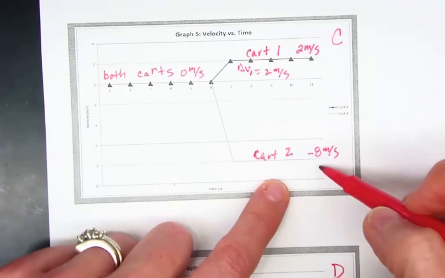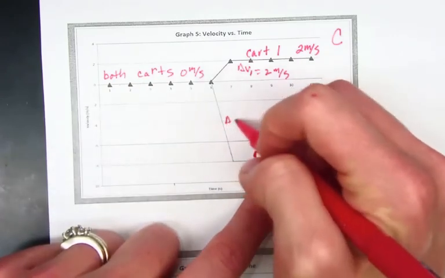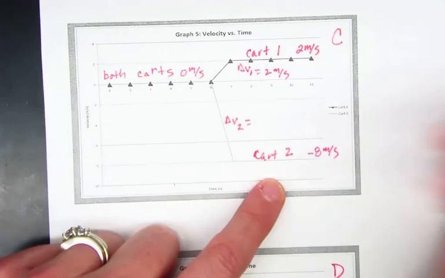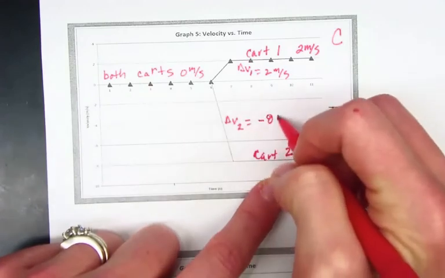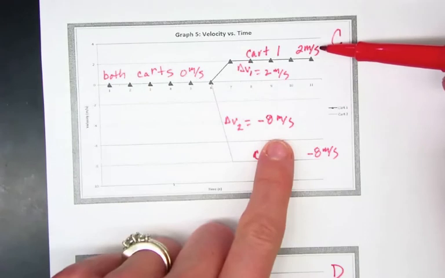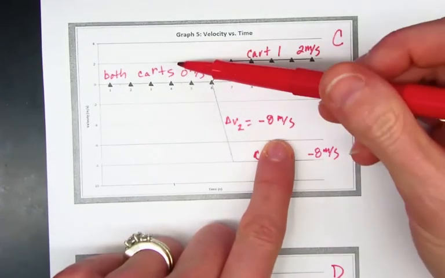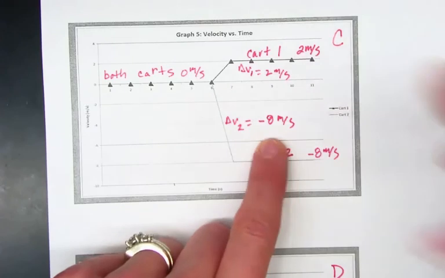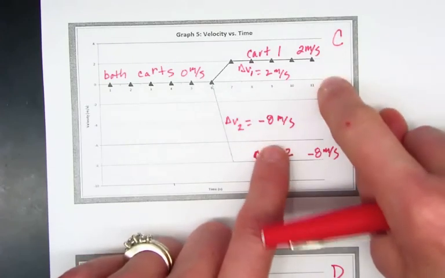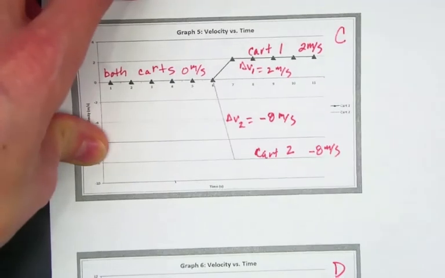The change in velocity for cart 2, 0 to negative 8, is negative 8 meters per second. And what that tells me is that their masses cannot be the same, because when I add these two momentums together, they have to equal 0. So I have to multiply by different masses to get the same numbers. So that is not true for this one.